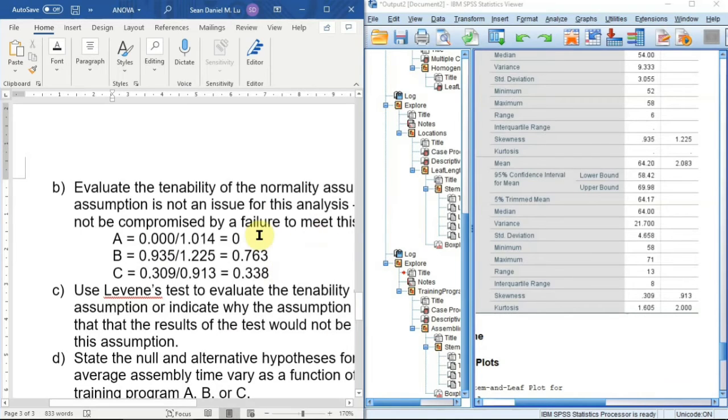Now since the skewness ratio of all 3 of them is less than 2, it means the samples are normal.